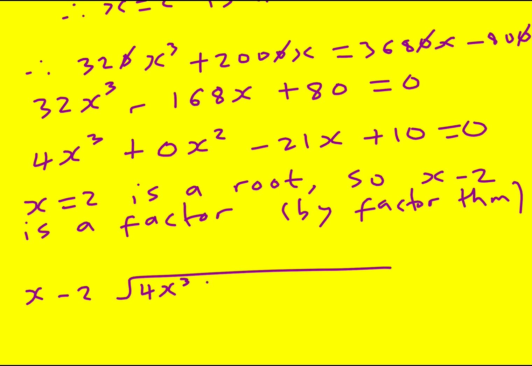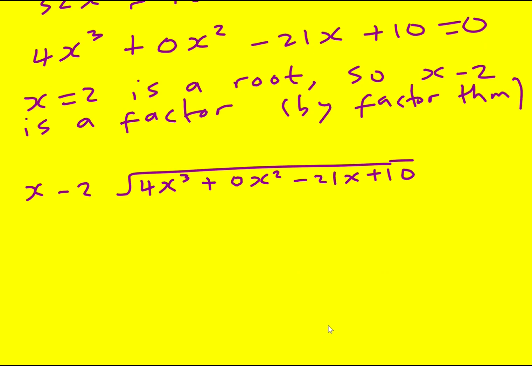It's important to put the 0x squared in as essentially a place value. And we know that when we divide, we're going to get 0 at the end. That's another test that we've rearranged this correctly.